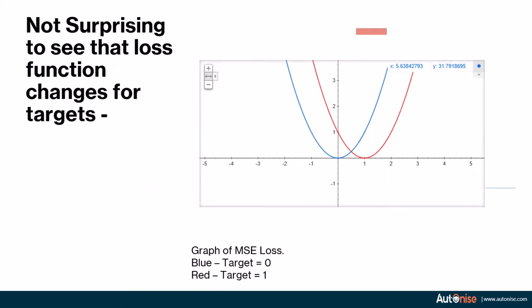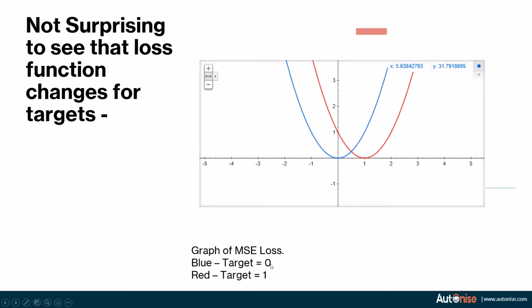One thing which you guys might have a doubt with is how come our cross entropy loss has two different graphs, one for y equal to 0 and another for y equal to 1. Actually, that's not surprising. Even the MSE loss has two graphs. When the target is 0, our MSE loss will look like the blue curve.